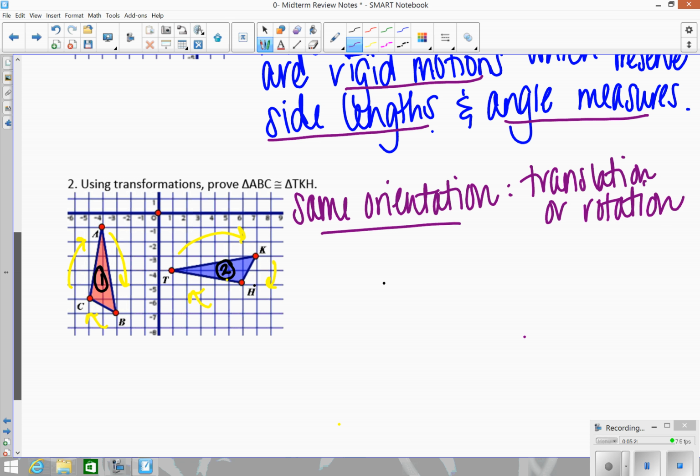Did it turn? So you can see that the figure turned because now the longest side's facing upward versus it was facing to the right. So we know that this has to be a rotation. So now we need to figure out how much it turned. Well, it moved 1 quadrant. So since it moved 1 quadrant, that tells me 90 degrees.